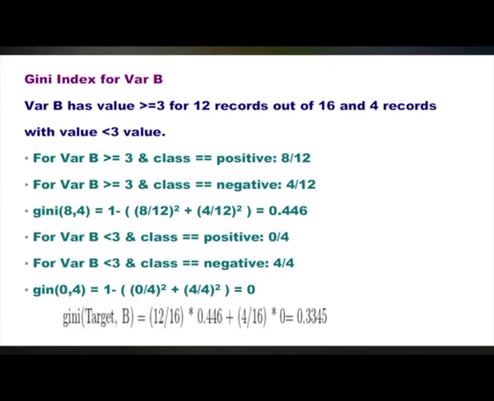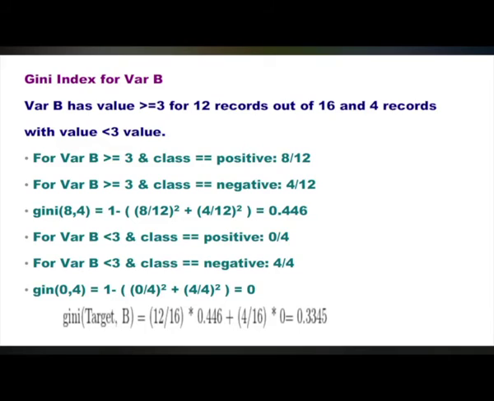For variable B less than 3 and class equal to positive, the probability is 0 by 4. For variable B less than 3 and class equal to negative, the probability is 4 by 4. Therefore, Gini index (0, 4) is equal to 1 minus (0 by 4 square plus 4 by 4 square), which is equal to 0.